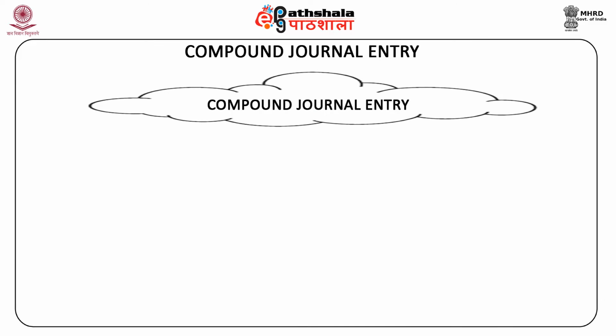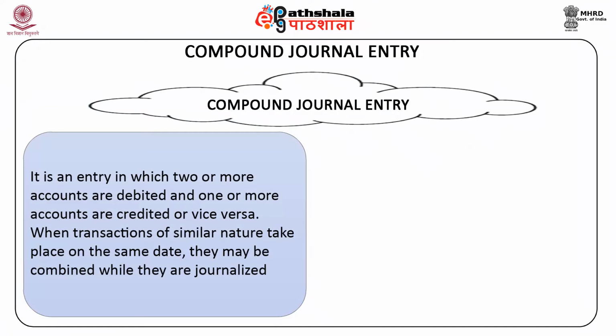Compound journal entry. It is an entry in which two or more accounts are debited and one or more accounts are credited or vice versa. When transactions of similar nature take place on the same date, they may be combined while they are journalized.